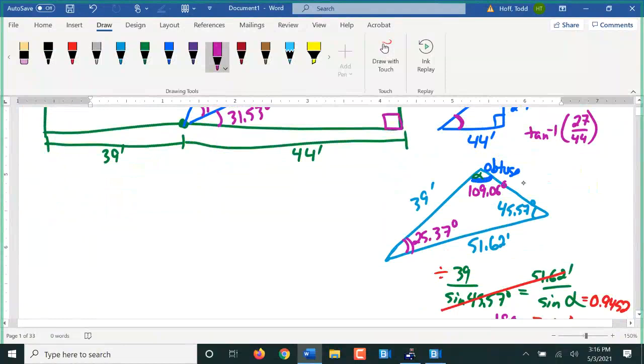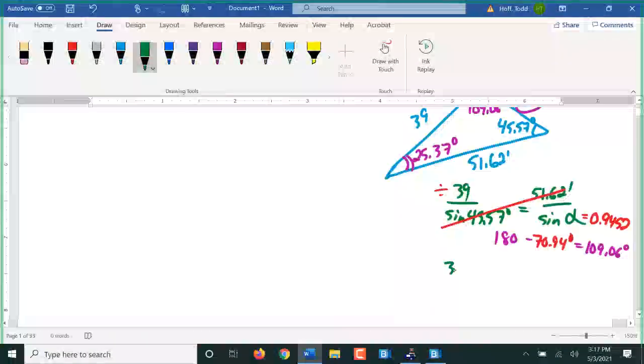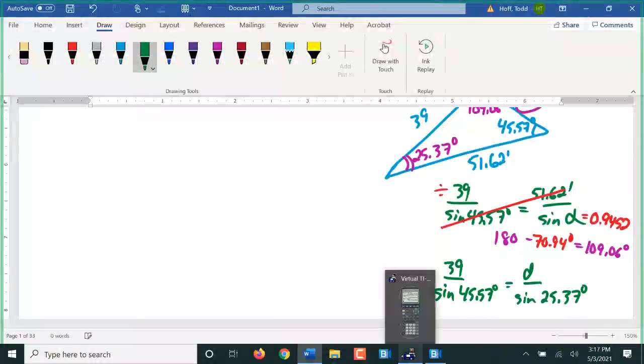While we're at it, let's find this dimension over here. I'll call this dimension D. 39 over the sine of 45.57 degrees equals that dimension D over the sine of 25.37 degrees.